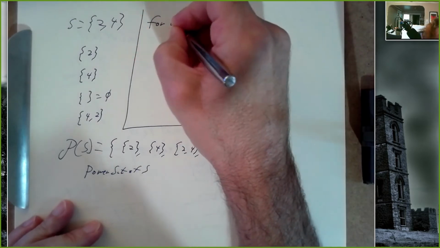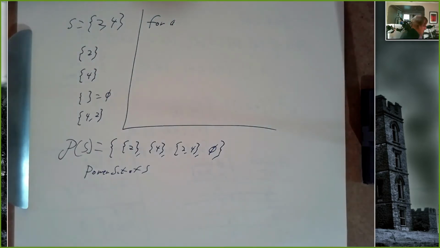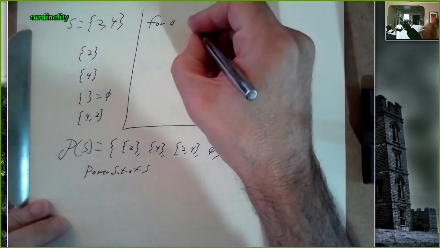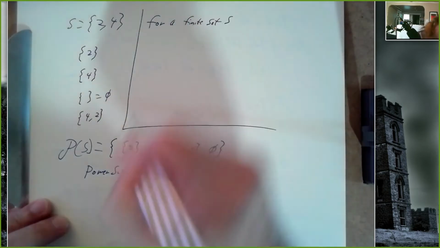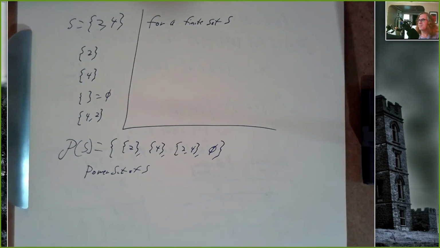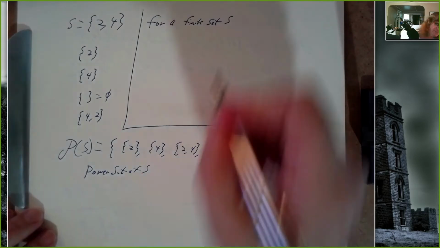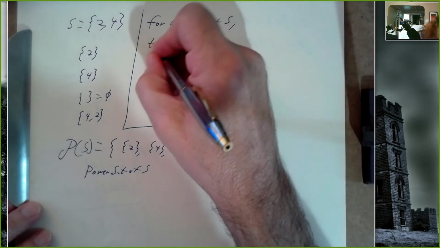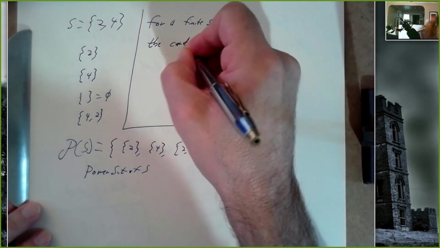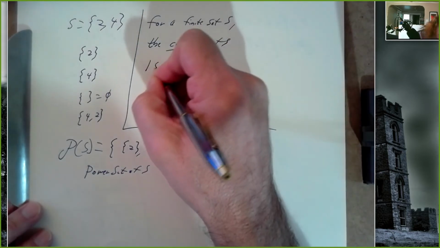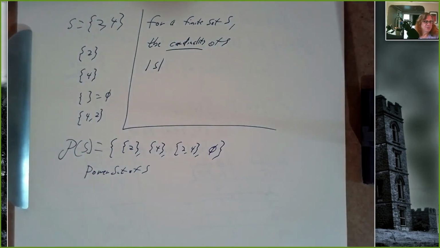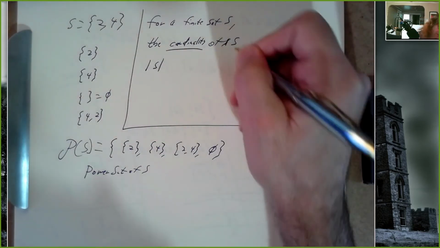So let me talk about something called cardinality. This is for a finite set S. Finite set means it has a finite number of things in it. So for a finite set S, we can define the cardinality of S, which we write as just S with absolute value bars around it.